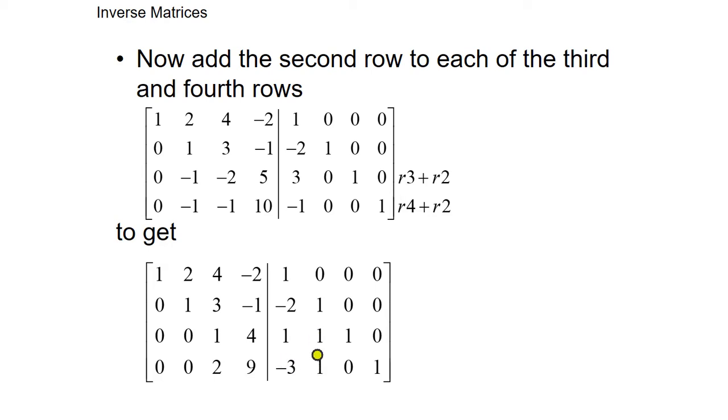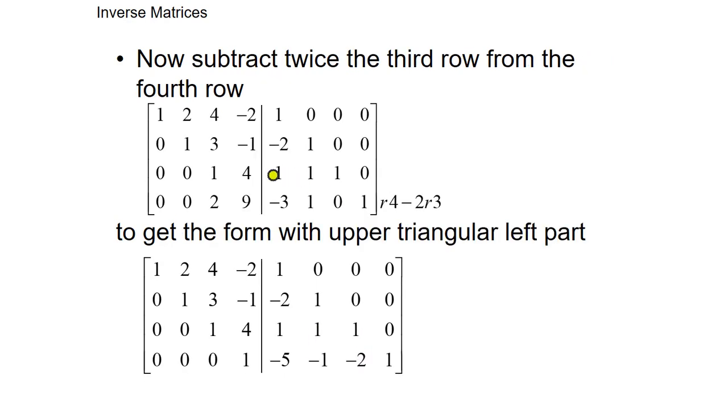The only entry now preventing what we have here from being upper triangular is this entry here. So we'll take row 4 minus twice row 3 to get a 0 here. The entries over here change accordingly. But here we have an upper triangular matrix and, well, we have a lower triangular matrix on this side.